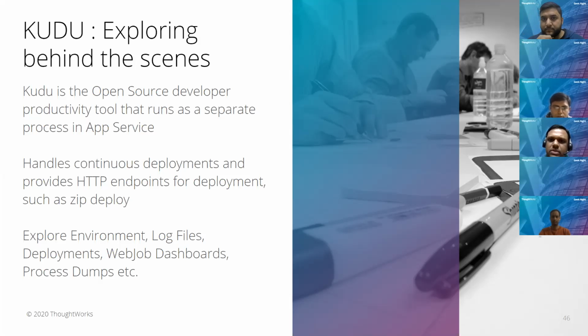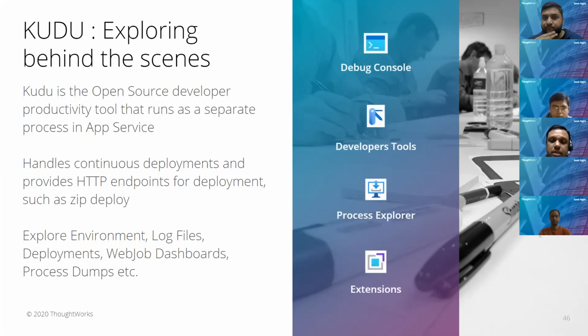Let's see a few of the tools. It provides a debug console through which you can run a few administrative tasks, and also run a few commands. It also provides developer tools through which we can do certain operations, like managing the webhooks, debugging the diagnostic dumps, and monitoring the web jobs, just like how Rahul was mentioning the different web jobs which can be hosted in the app service.